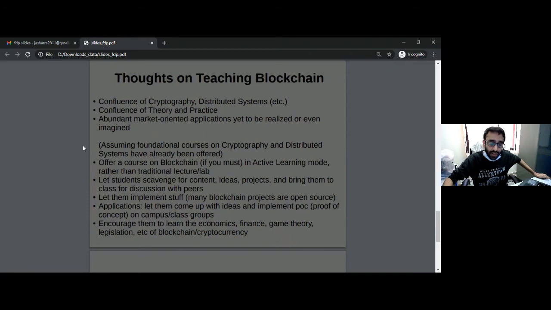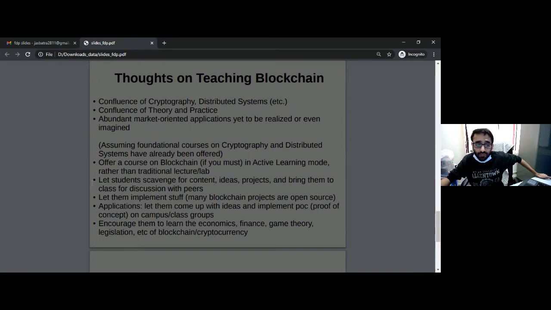After the basic foundations of cryptography and distributed systems have been established, more of the learning can be student initiated rather than professor initiated.